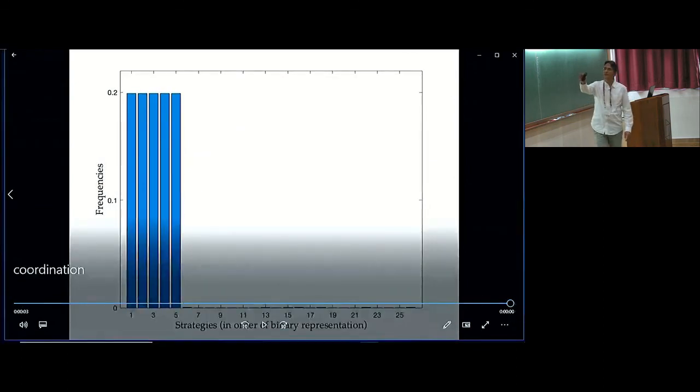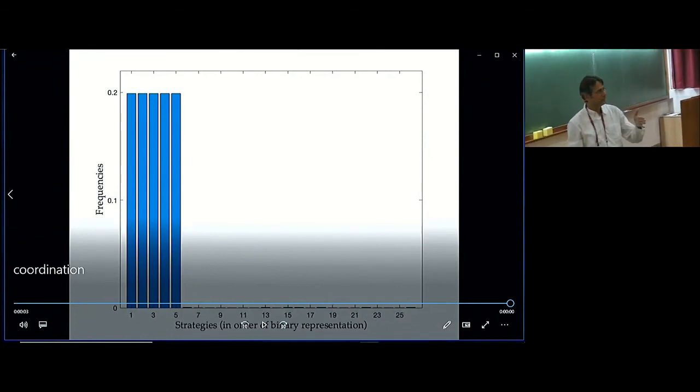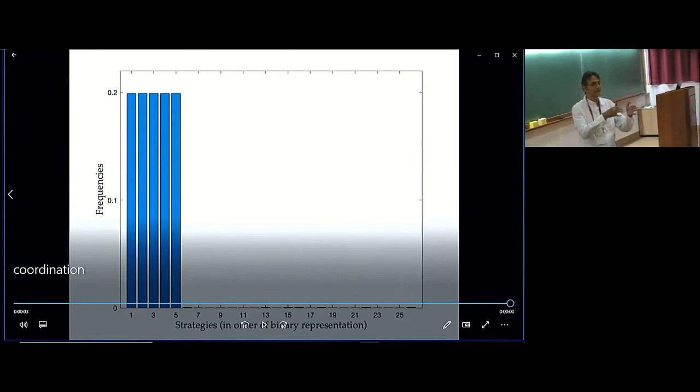It looks like this, which is basically you get an equal weight on the first five. What are these strategies? These are strategies that begin with high, and as long as the other person keeps playing high, you stay with high. If the other person plays low, then these strategies start to differ in terms of what they do. So they're different, but they never play low until the other person plays low.